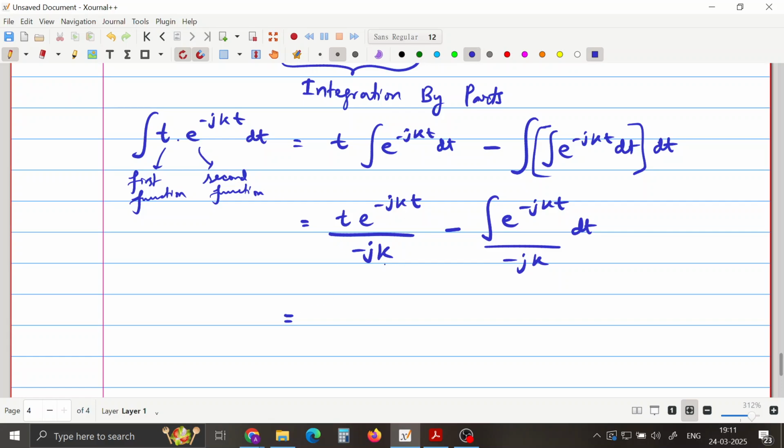So this would give you t times e power minus jkt by minus jk. So there are two minus terms here, which will become plus, minus jk by minus jk.